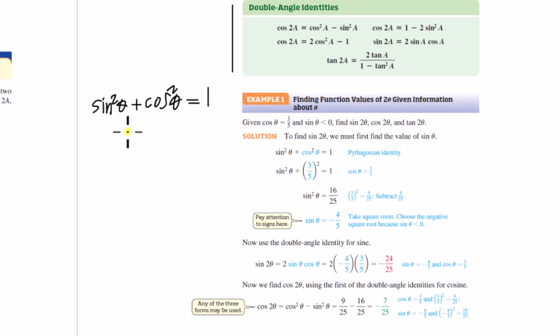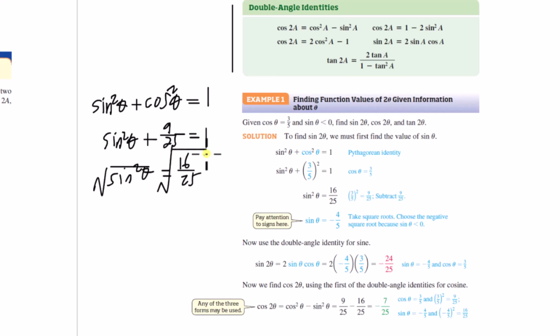Cosine squared theta is 3/5 squared, which is 9 over 25. So sine squared theta is 25 over 25 minus 9 over 25, which is 16 over 25.